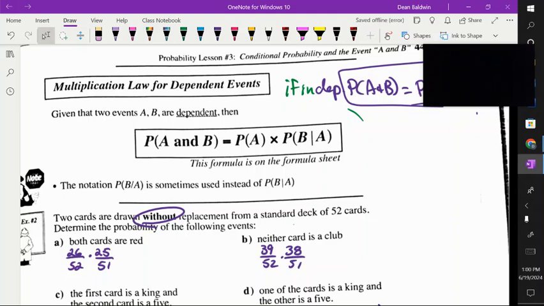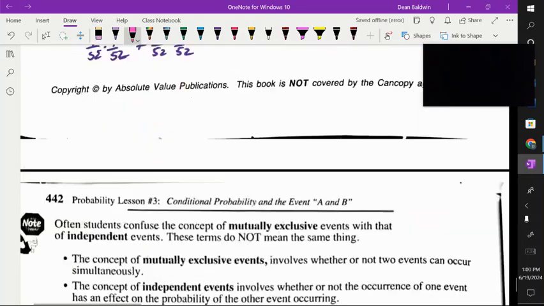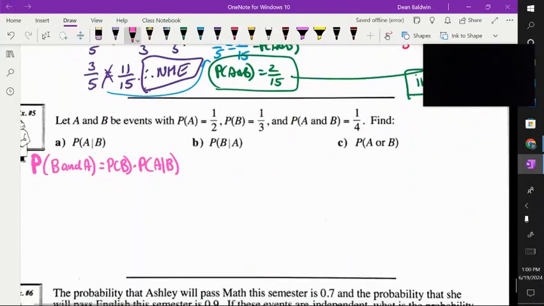So if I flip the letters, if I write the probability of B and A, that's going to be the probability of B times the probability of A given B has happened. Okay? So just be aware that you can flip those, and whatever letter's here is going to be the one there. So that's why I wrote it that way in this question.